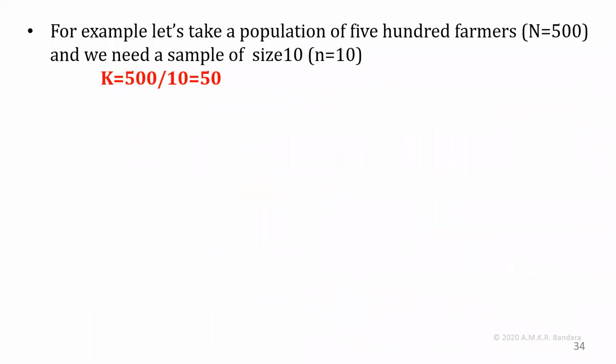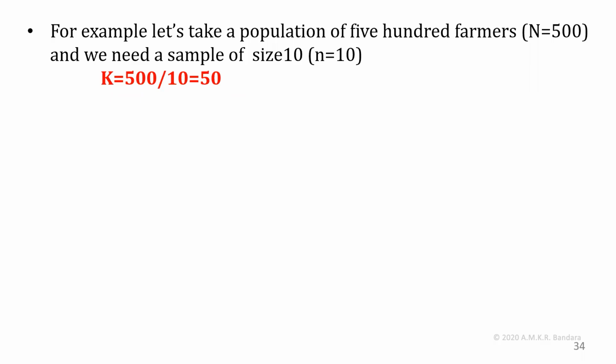For example, if there are 500 individuals in your population and if you want to select 10 individuals as your sample, sample size is 10, then the sampling interval will be 500 divided by 10, that is 50. The sampling interval is 50.